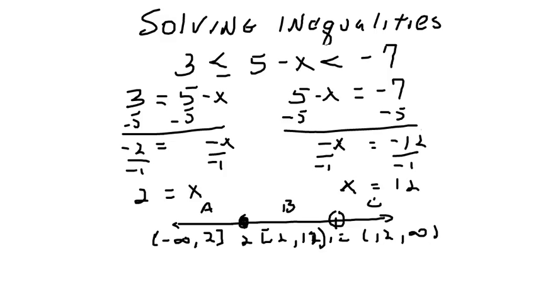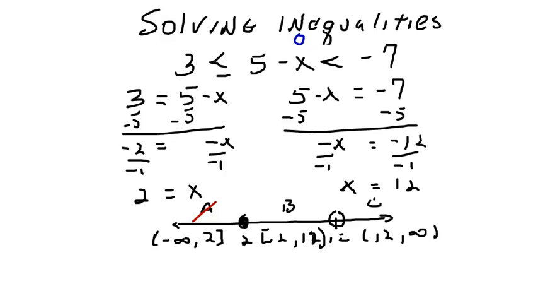So now I test, and I see that domain A has my favorite value 0, and when I plug my 0 in for x, I see that 3 is less than 5, but 5 is not less than minus 7, so it's not domain A. And then plugging in a value in B, I'm going to choose 5 itself.